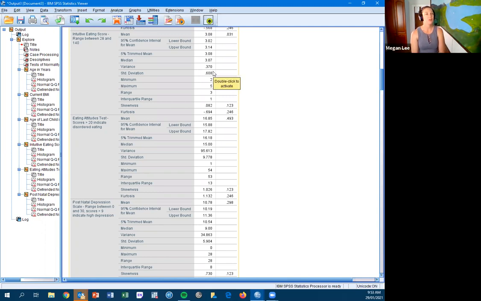So after we do our assumptions testing, we're going to dichotomize the intuitive eating score into 2: people who diet and restrict food and people who actually eat intuitively. The cutoff score is actually 3. So anyone over 3 eats intuitively, anyone under 3 doesn't.